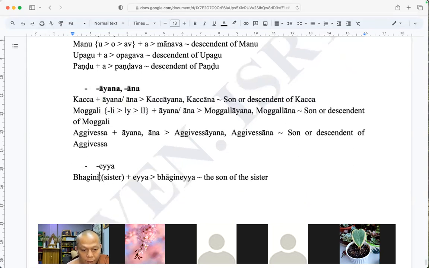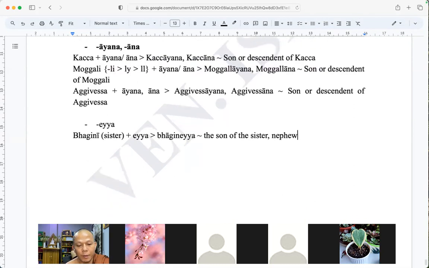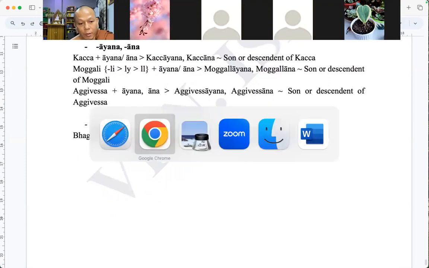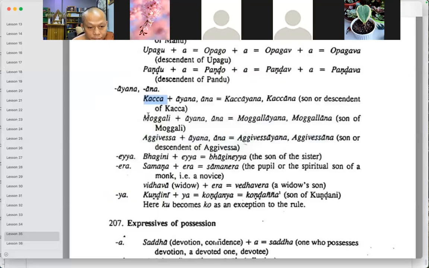Oh, so bikini, not bikini, actually. So typo. So nephew. But in the book, just bikini. Right. Yeah, bikini. So typo. See? So actually it should be bikini, the son of the sister.